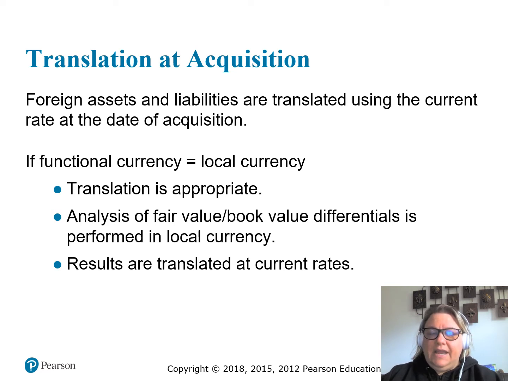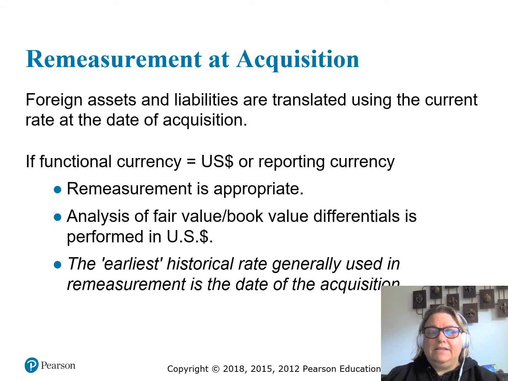So once we figure that out, then we can decide if it's equal to the local currency. So if it is, then we can go ahead and do translation and do a fair value book value differential. All of that's performed in the local currency, and then the results are translated at local rates. All right. Foreign assets and liabilities are translated using the current rate at the date of acquisition.